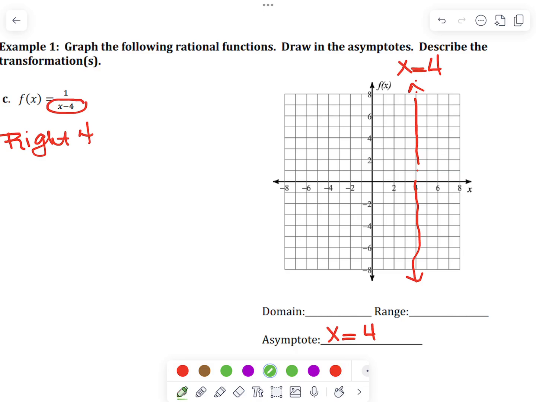Our horizontal asymptote won't move at all. It'll still just stay at y equals 0. So for short, our domain is everything but 4, and our range is everything but 0. And then we create our curves. So there's our 2 points.